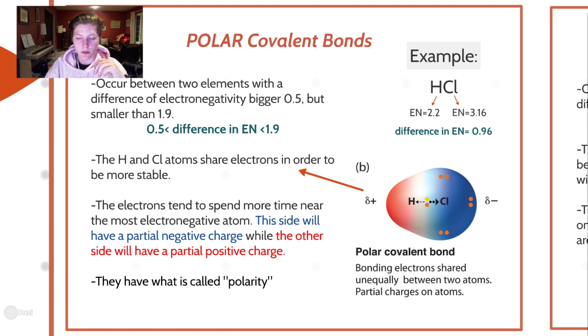Because there's a difference in electronegativity, the electrons are going to spend more time on the side that has a greater electronegativity, and less time on the side with the smaller electronegativity. So the side that is more electronegative will have a partial negative charge because electrons are negative, and the other side has a partial positive charge. And it's called polarity when that happens.